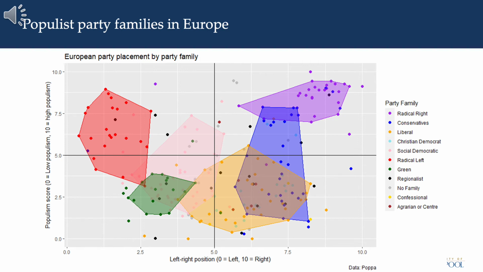Now Greens don't fall into the populist at all, but they are on the left. Liberal parties, very few liberal parties are even slightly populist. Social Democratic, that's the pink one, they tend to be not populist, but some parties do use elements of populism. And then you've got conservative parties on the right, and some of them are populist, some of them aren't. It's almost a 50-50 split.